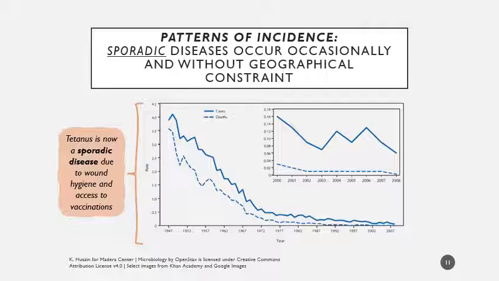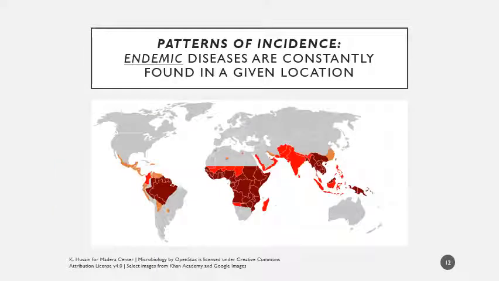When people do get tetanus because they don't have the proper vaccinations, their parents didn't vaccinate them, we have to confer with people in various other countries where it is still common with dramatically different healthcare systems than ours, because it's so rare for it to happen in our healthcare systems. So that one is an example of a sporadic disease in terms of patterns of incidence.